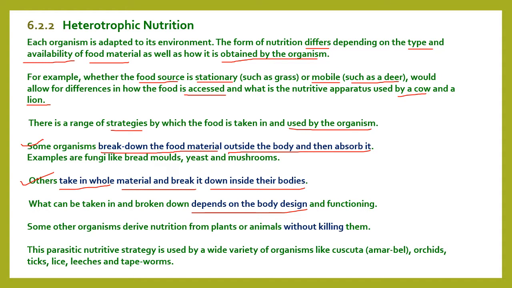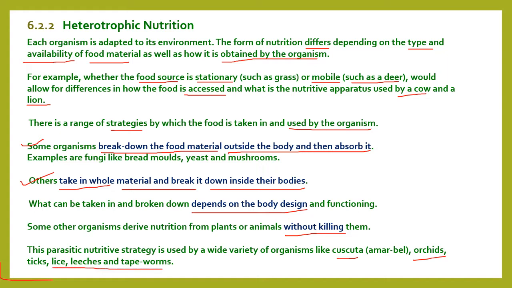Some other organisms, they derive nutrition from plants or animals without killing them. Like the parasitic nutritive strategy, it is used by a wide variety of organisms like cuscuta, orchids, ticks, leeches, tapeworm.